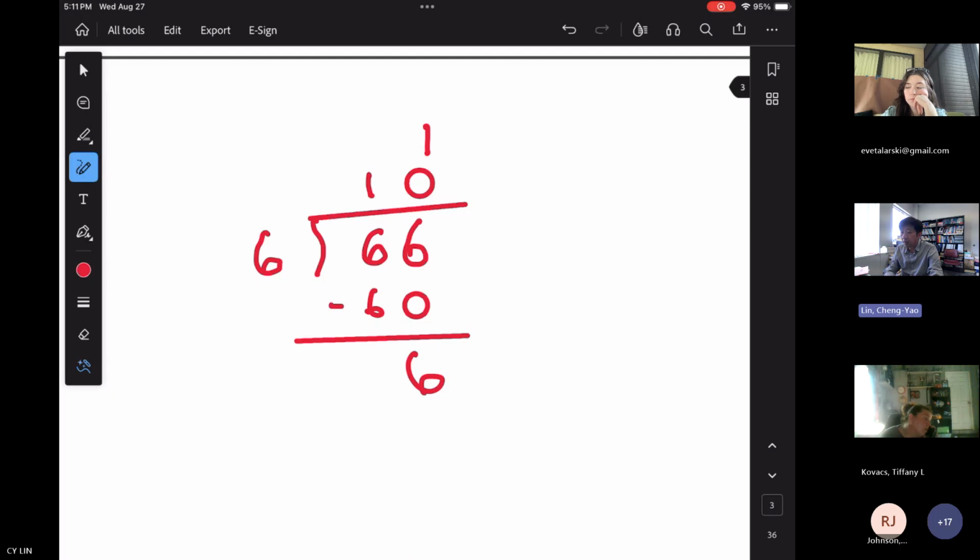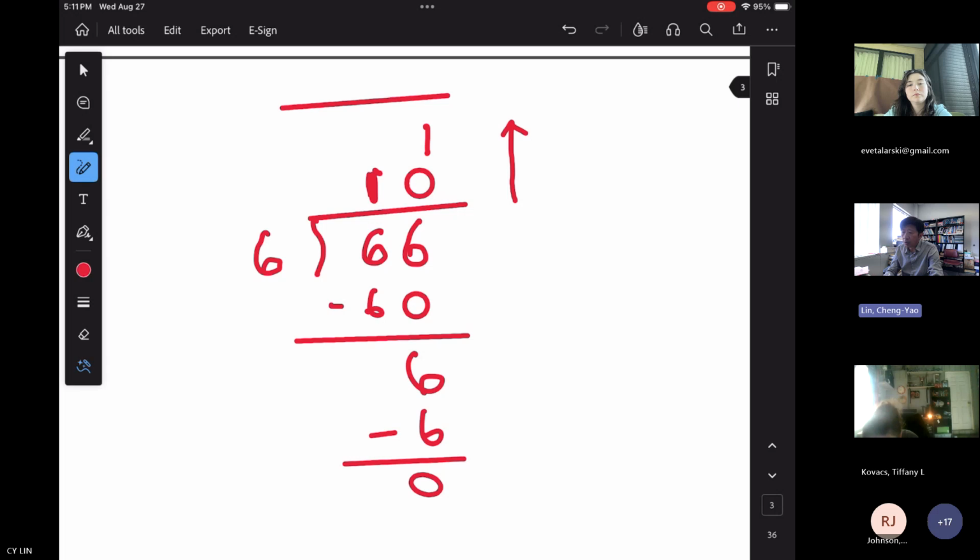But here, this is not 1. This is a 10, right? So 6 times 1, you got a 6. Subtract this, got 0. So according to the scaffold method, you add up the total for this. So 10 plus 1. So the answer is 11.